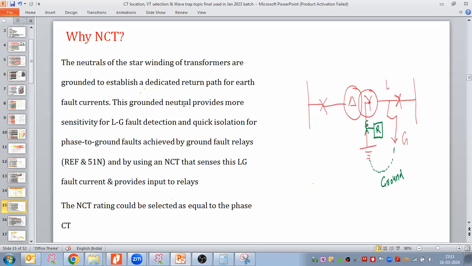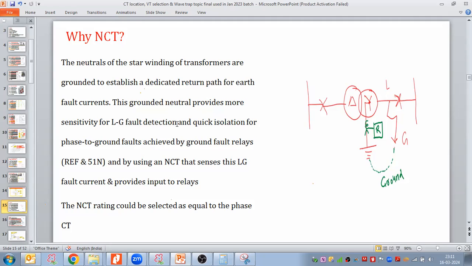This grounded neutral provides more sensitivity for line to ground fault detection compared to overall differential protection.